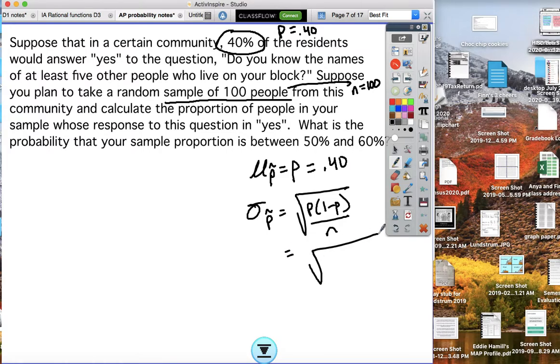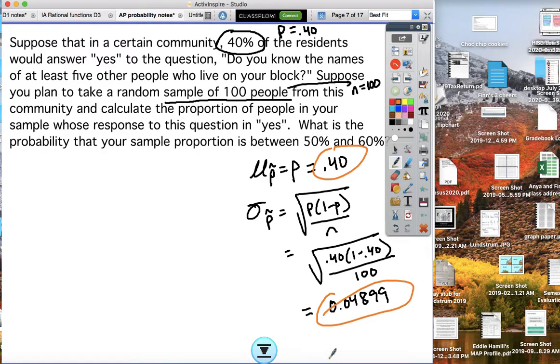The standard deviation will be the square root of 0.40 times 1 minus 0.40 over my sample size of 100. When I do that, I am going to get 0.04899. Okay, so keep those in mind for when we need to do some z-score work.